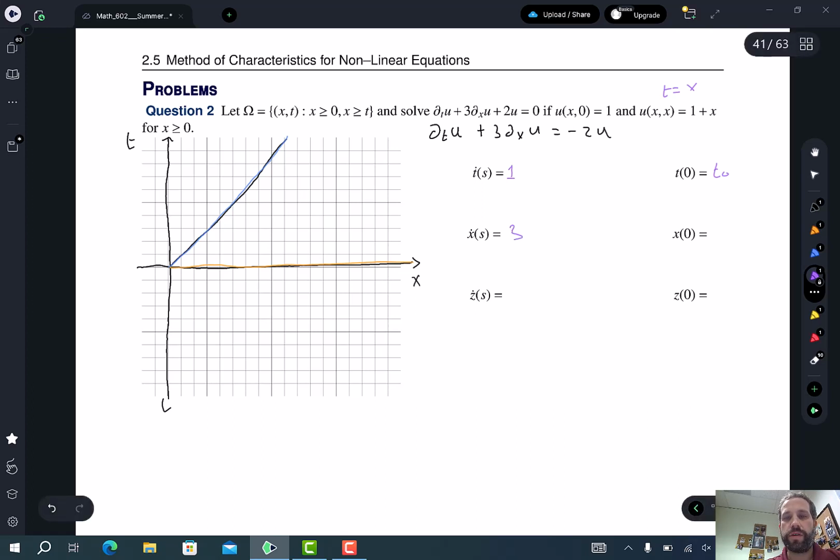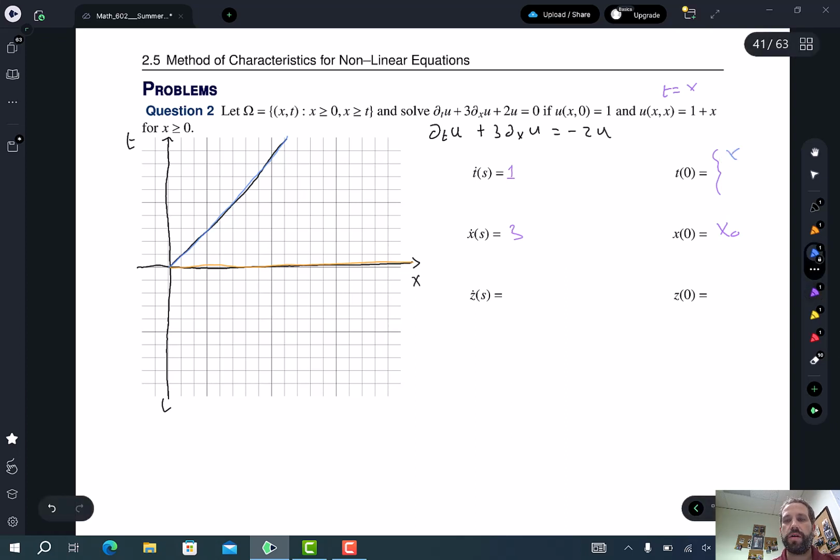x dot is going to be equal to 3, and x of 0 is always going to be a generic x naught. t naught is either going to be 0 if I'm on the x-axis, or it's going to be x naught if I'm on the t equals x line.